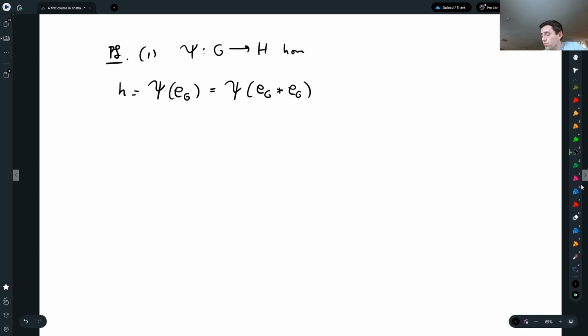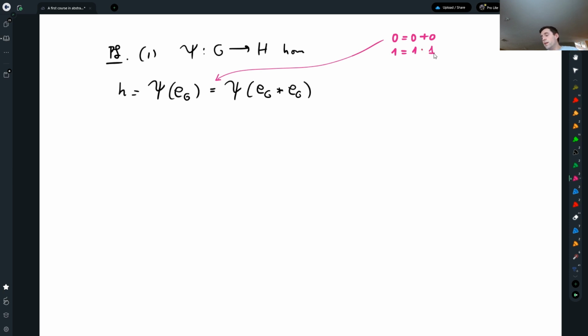This is something we use very often in mathematics, that 0 is 0 plus 0, and that 1 is 1 times 1. Those silly equalities are often a trick to do proofs.